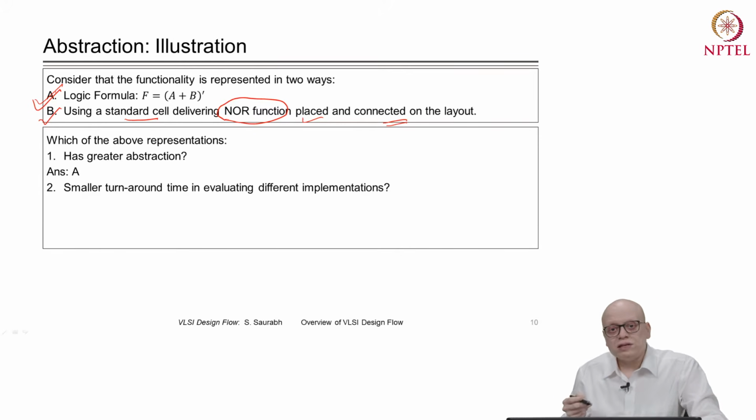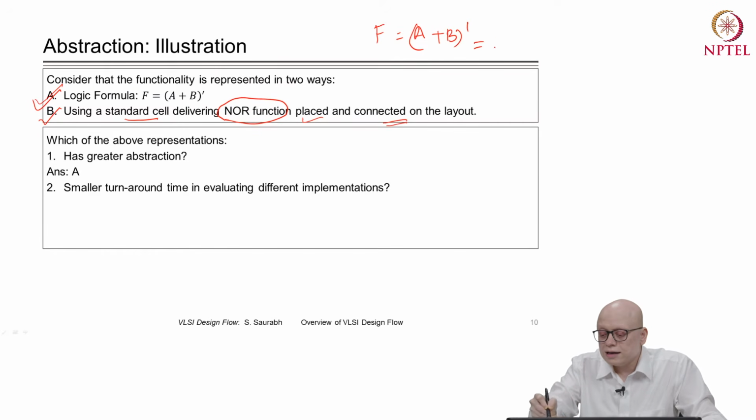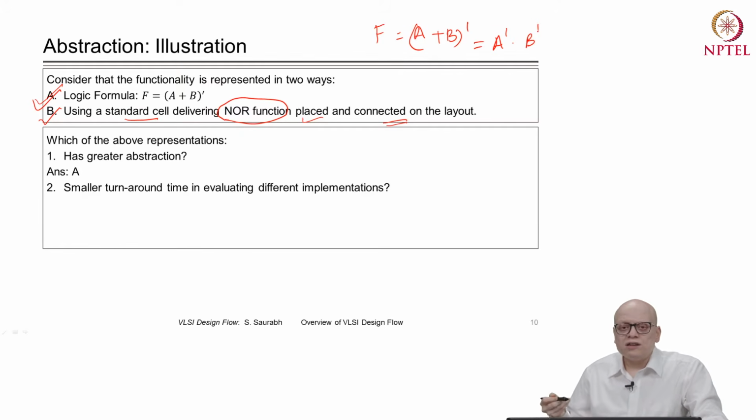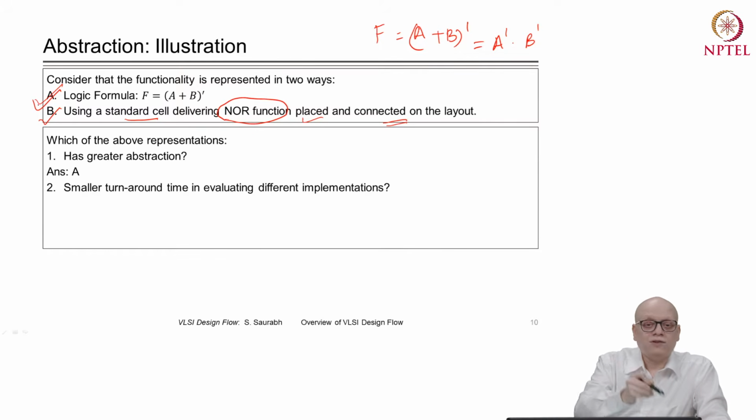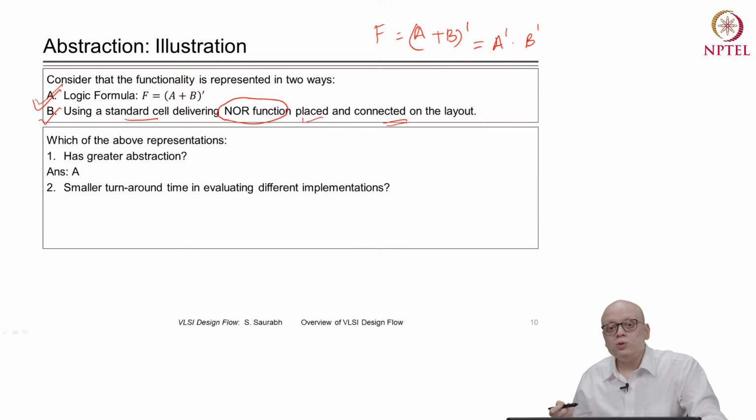Why? Because if we want to make a change in the implementation, suppose we want to represent f is equal to (a plus b) whole bar as a bar dot b bar, right? So this kind of transformation can be done very easily at the logic formula level. But what if we want to do a similar kind of transformation in the layout?